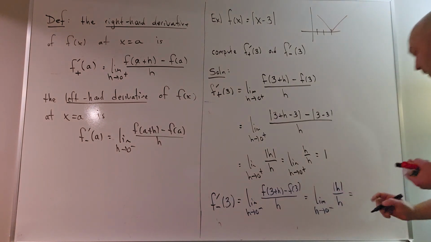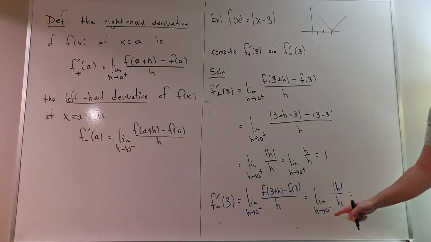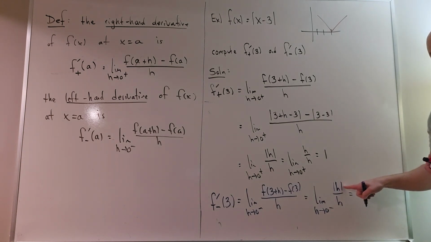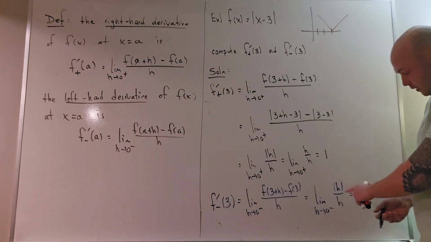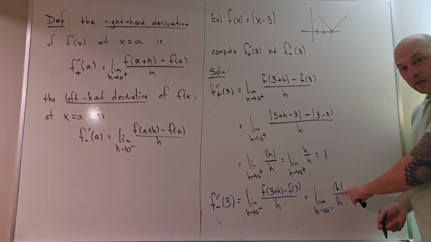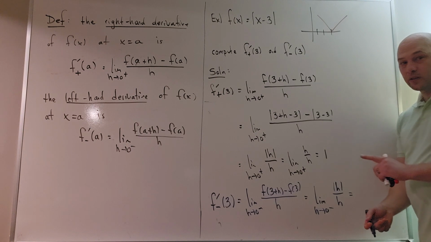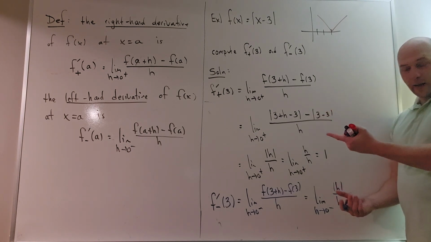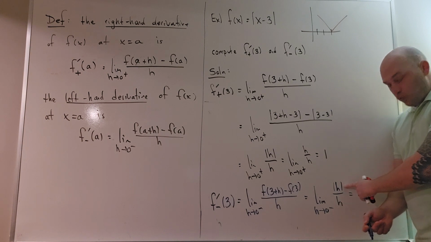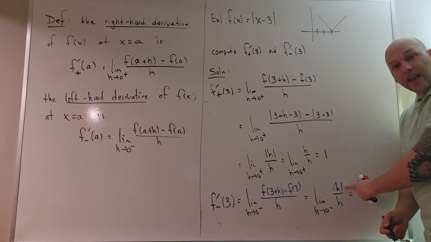All right, now remember, h is negative. That means the absolute value of h is the opposite sign of h. If h is negative 2, then the absolute value is positive 2, or in other words, negative of negative 2, which of course is positive 2. So we can rewrite the absolute value of h as negative h.